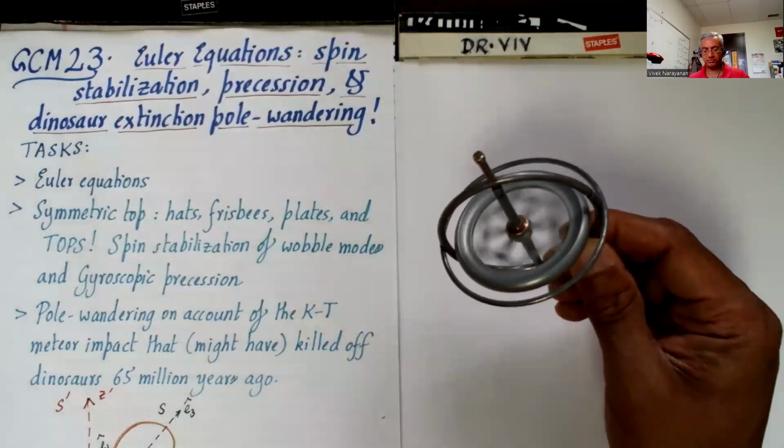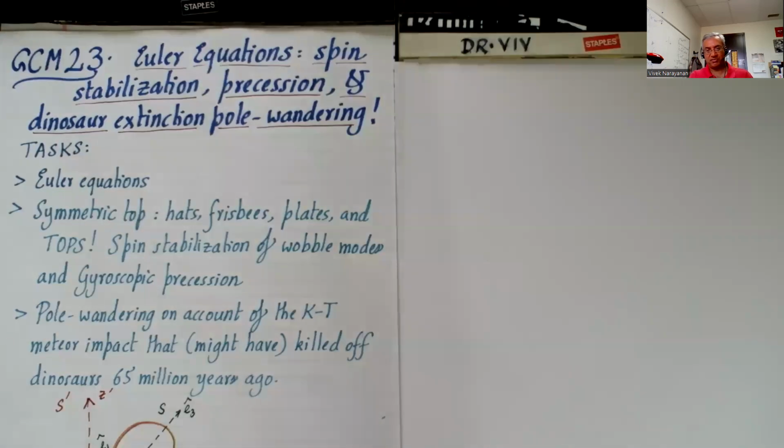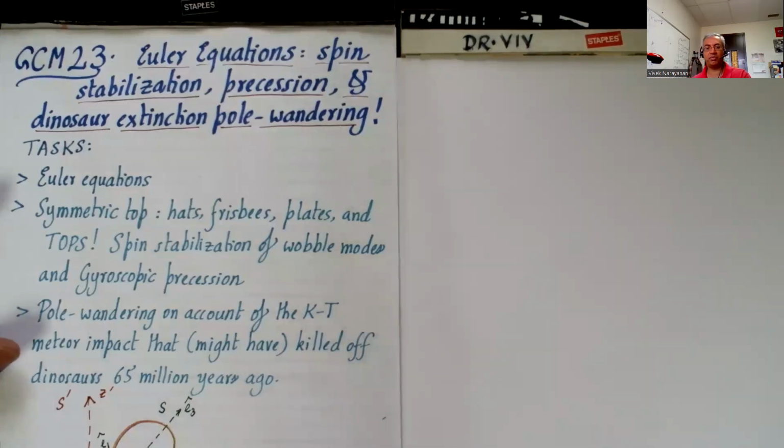Now the last problem is an interesting application of Euler equations, and that has to do with what happens when you have a body that has been spinning steadily for some time and then something comes and hits it. This is the fate of every planet in our solar system, right from the days of early bombardment from planetesimals and big meteorites.